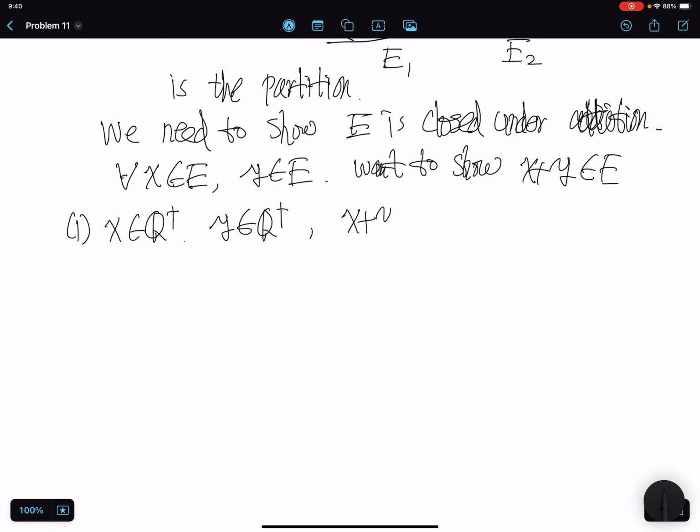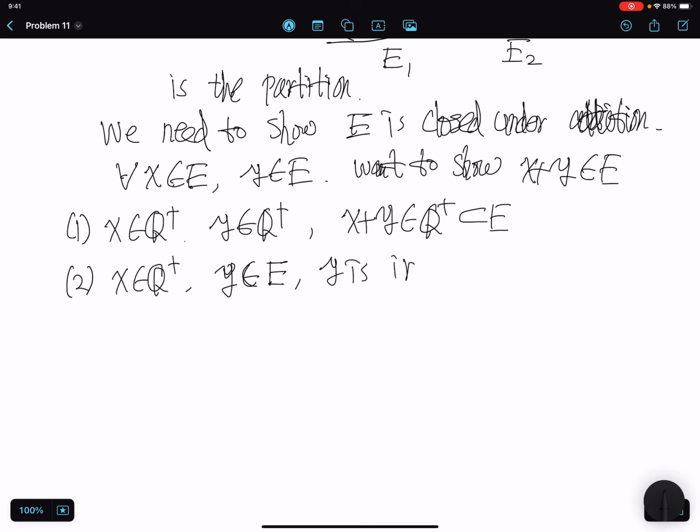X plus Y is a rational number, which is in E. The second case: X is a rational number, but Y is in E and Y is irrational. Now we want to prove X plus Y is also in E.